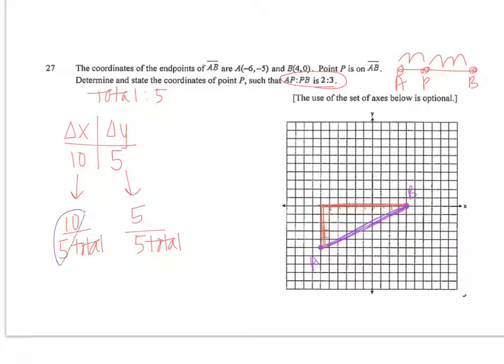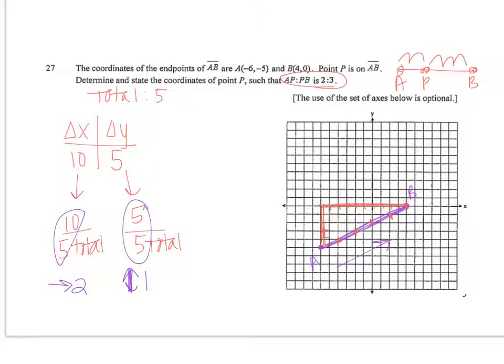So this now tells me 10 divided by 5 tells me to move over 2. 5 divided by 5 tells me to move down 1, or in this case, sorry, it's actually up 1 since we're going from A towards B. So I'm going to move over 2, up 1 and plot a point, over 2, up 1, plot, and keep doing that until I get all the way to B. If I don't land on B, then that means I made a mistake.